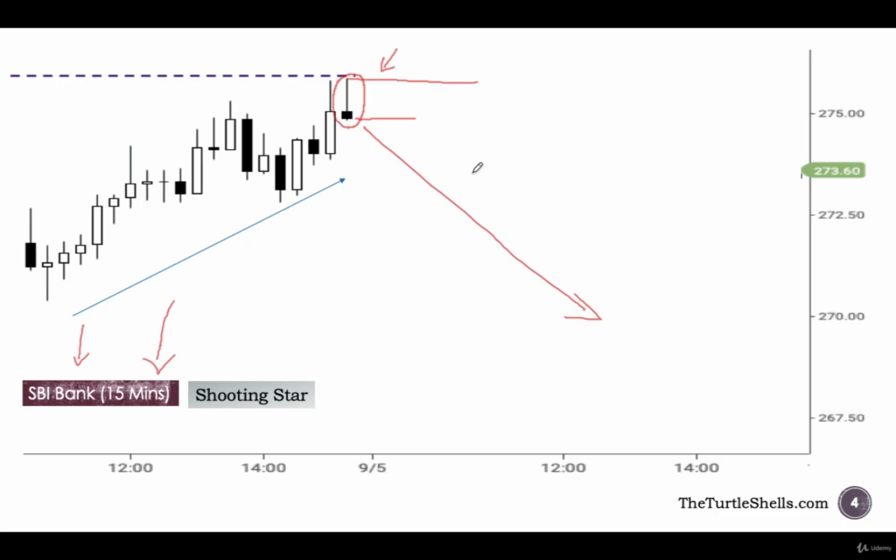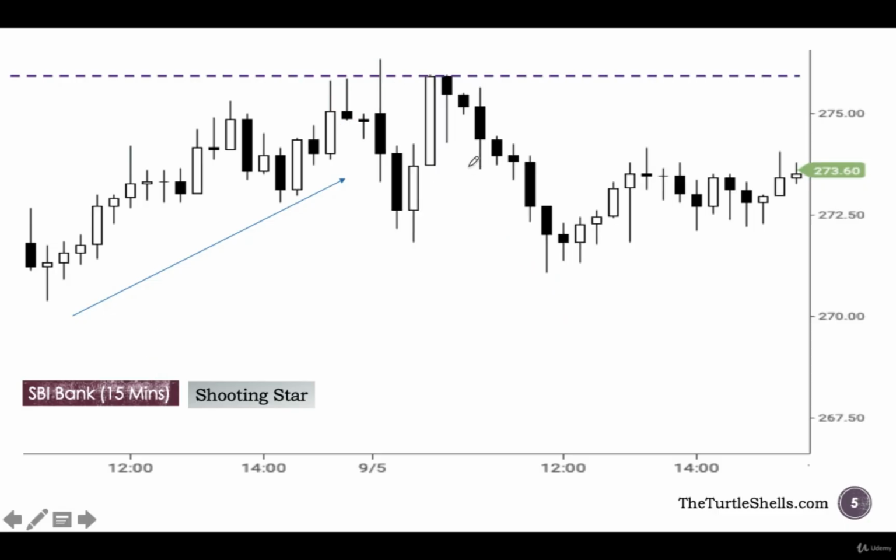Okay? So in this case, your stop loss would have hit because the shooting star is not confirming any prior resistance. However, there is not a single candle from here till here where they have closed above the resistance area created by the shooting star.